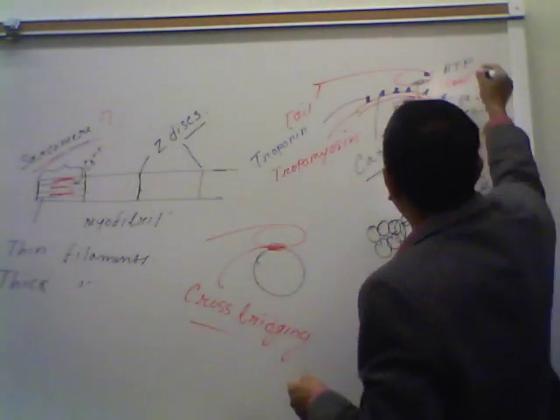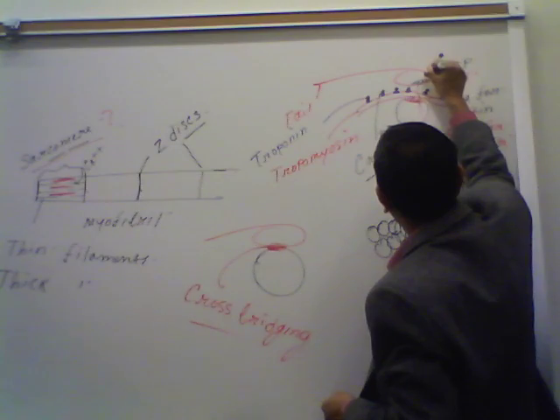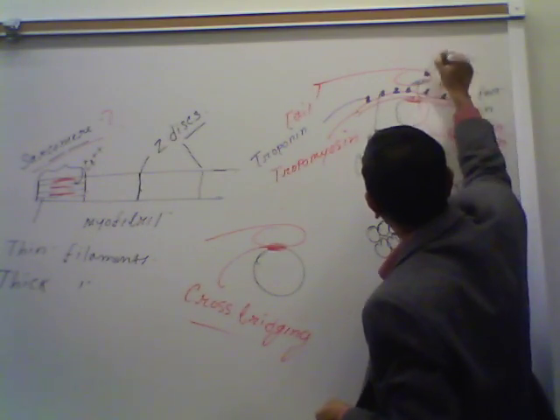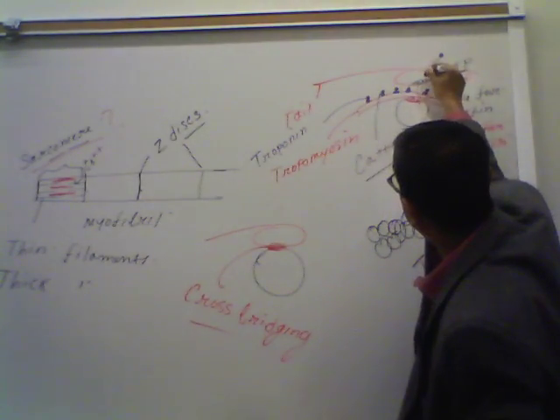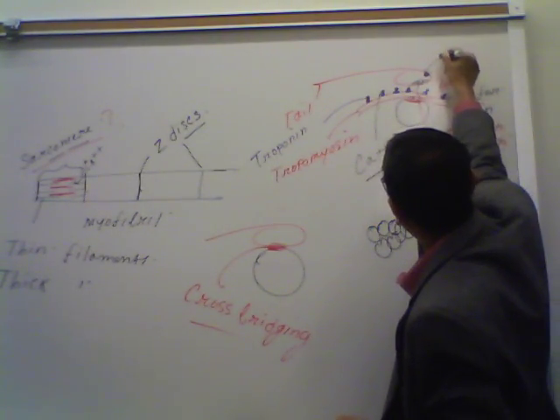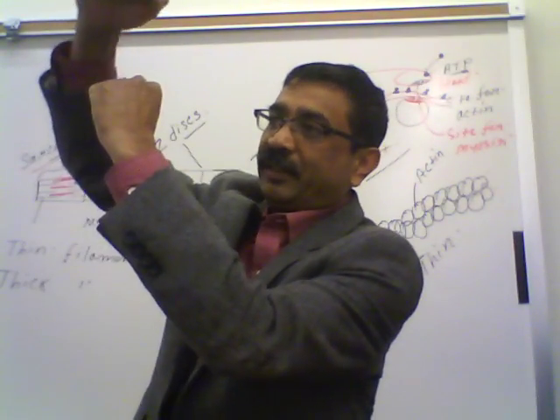Then after that, ATP will come and get attached to the myosin head. So ATP will get attached to the ATP binding site, because you remember there is a binding site for ATP. And now you see, this is the attachment.